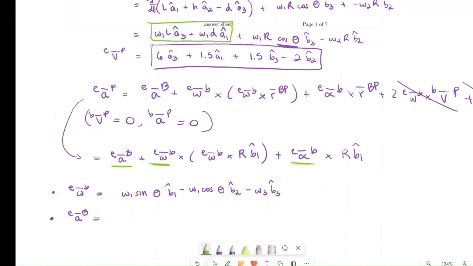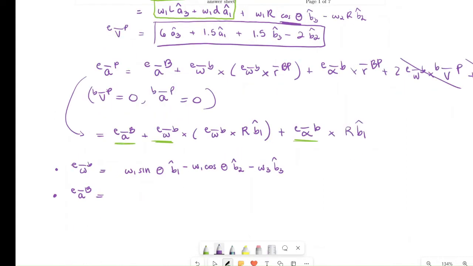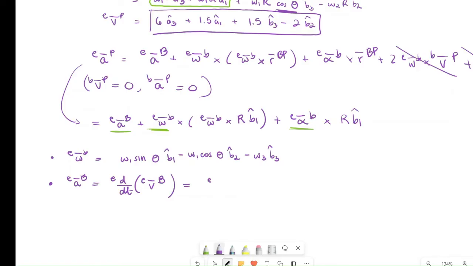So the acceleration of point B with respect to the E frame is just the time derivative of the velocity of point B with respect to the E frame. And that is equal to the time derivative of omega 1 L A3 hat plus omega 1 D. Oh dear, I hope my computer can pull through.